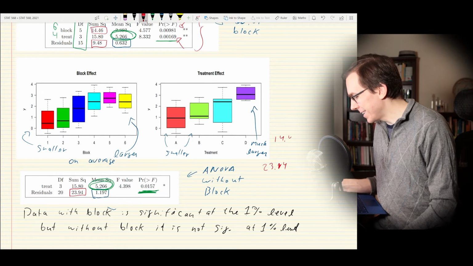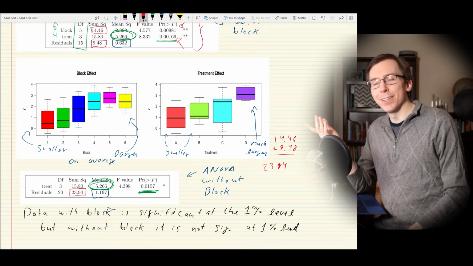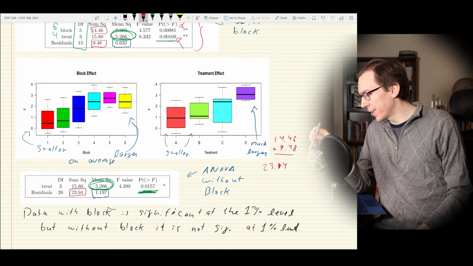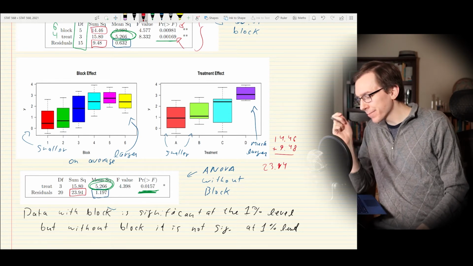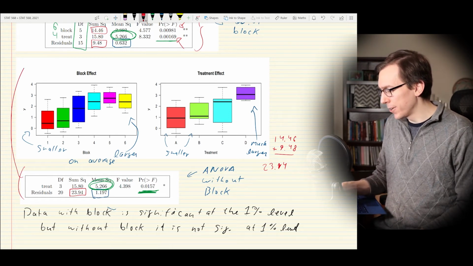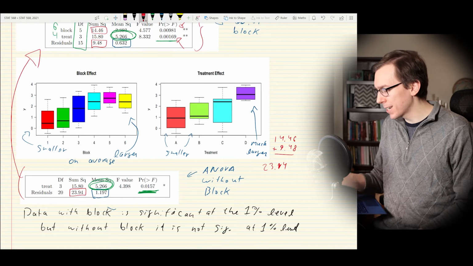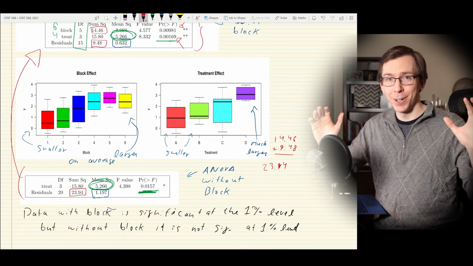And if we add these two numbers together, up to some rounding error, because R just rounds and truncates the decimal places, we're actually going to get our 23.94 sum of squares. So what the block is doing, if we were to go from, say, one-way ANOVA to a complete randomized block design, is we're not touching the treatment sum of squares at all.